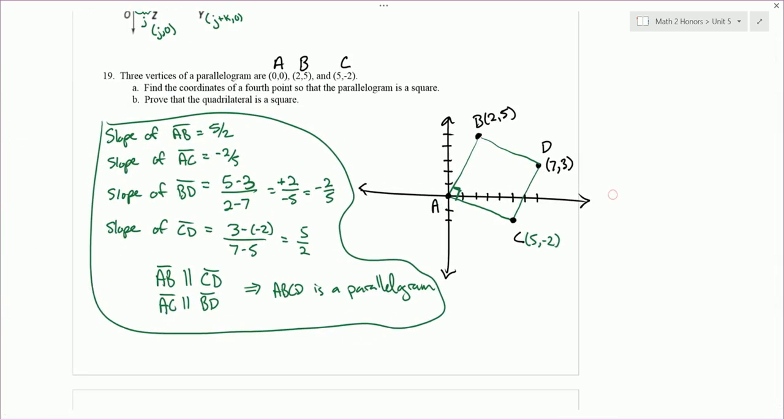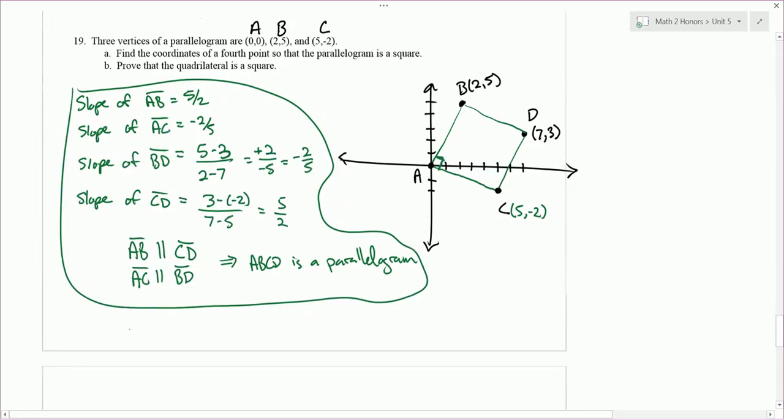Also, by looking at those slopes, we see that AB is perpendicular to AC, and AB is perpendicular to BD. BD is perpendicular to DC, and DC is perpendicular to AC.